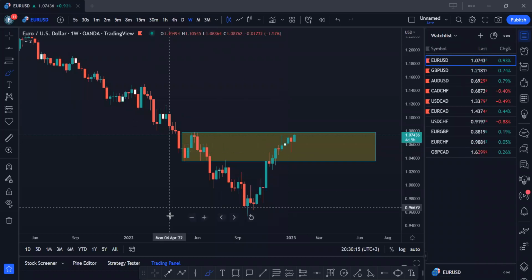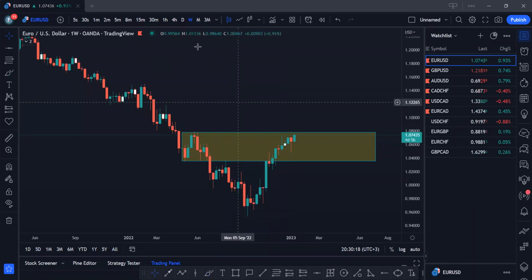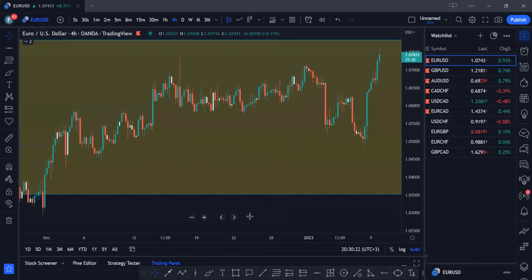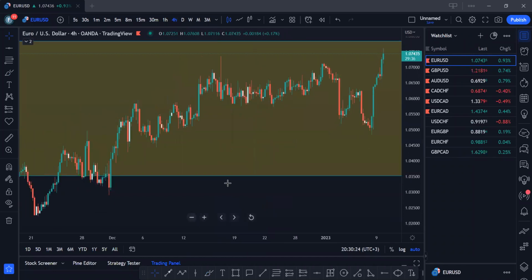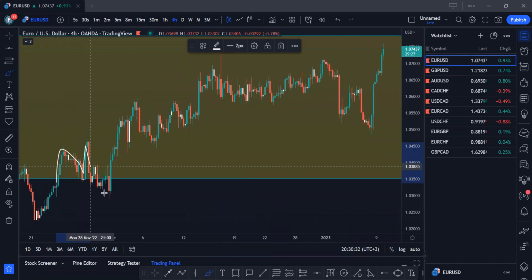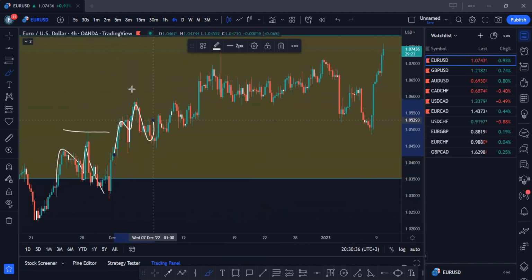So let's go to a lower time frame, like the 4-hour chart. And on the 4-hour chart, what are we looking for? Now, we've seen a lot of liquidation here. You can see this M pattern taken out, okay? M pattern, heads and shoulders taken out, okay?